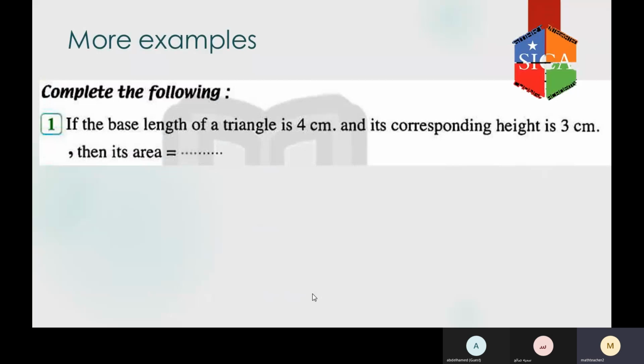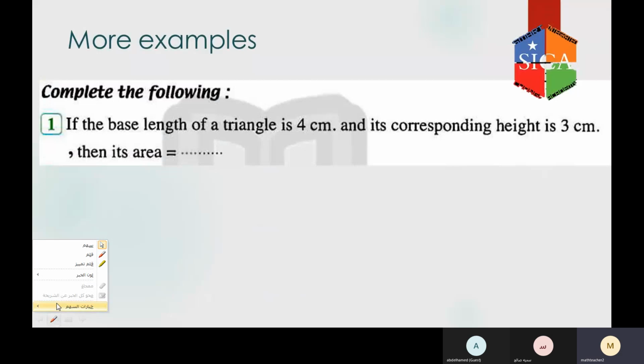Complete the following. If the base length of a triangle is 4 centimeters and its corresponding height is 3 centimeters, the area of the triangle is? The base of the triangle is 4, the corresponding height is 3. Area equals half times the base times the height.